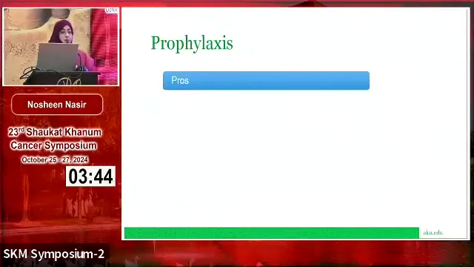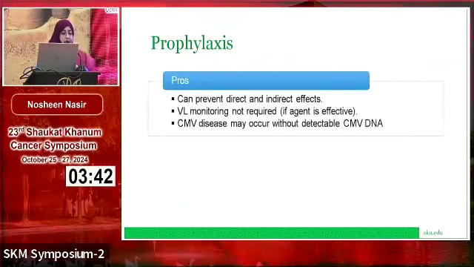So there are different pros and cons to each. For prophylaxis, it can prevent the direct and the indirect effects. The direct effect of the virus is because of the damage that it causes, which causes end organ disease, and the indirect effect is by causing immunosuppression and causing secondary bacterial and fungal infections.